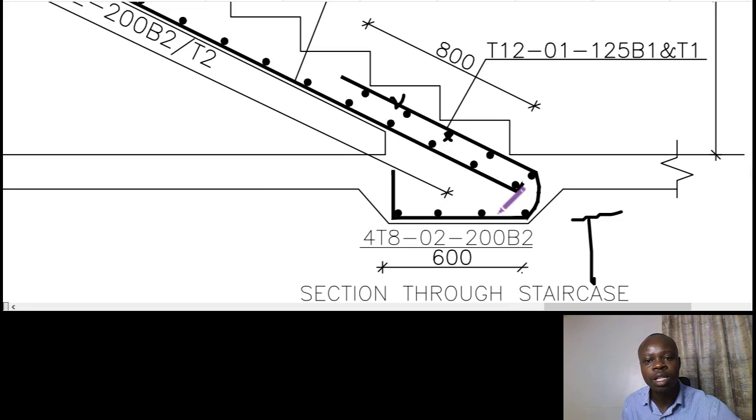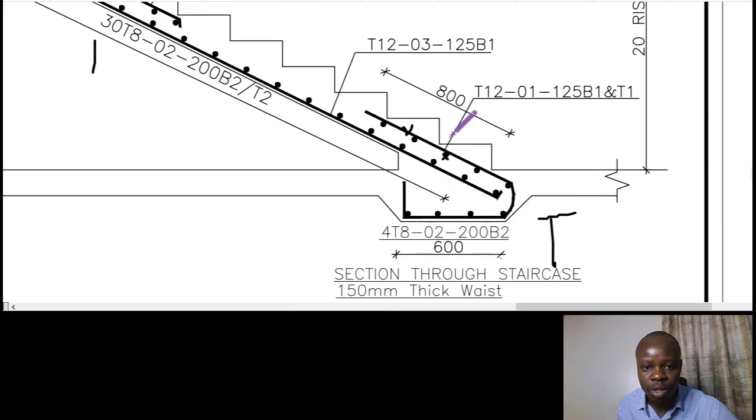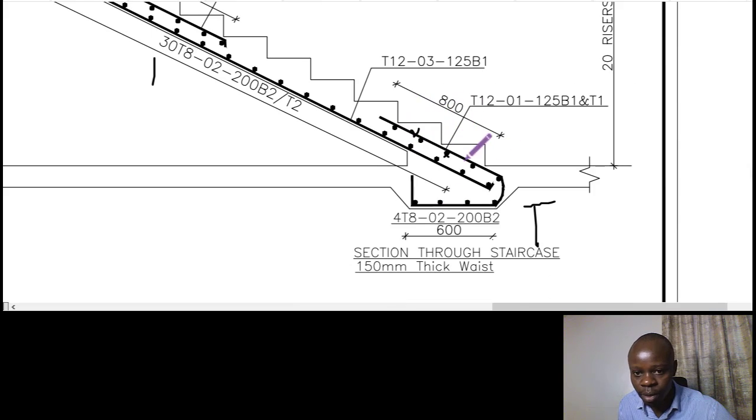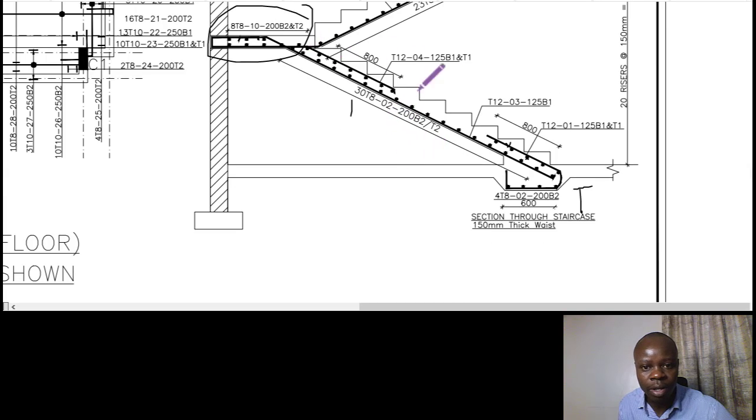So it's the same length, it's the same bar, but then it has been bent. So we need to get the total length of that bar. Then we multiply by the number of them appearing that are going to be used on the thicknessing at large. Okay, so what do we do? First of all, you can see there is a length that is covering at the waist part. We had learned that this is the waist.